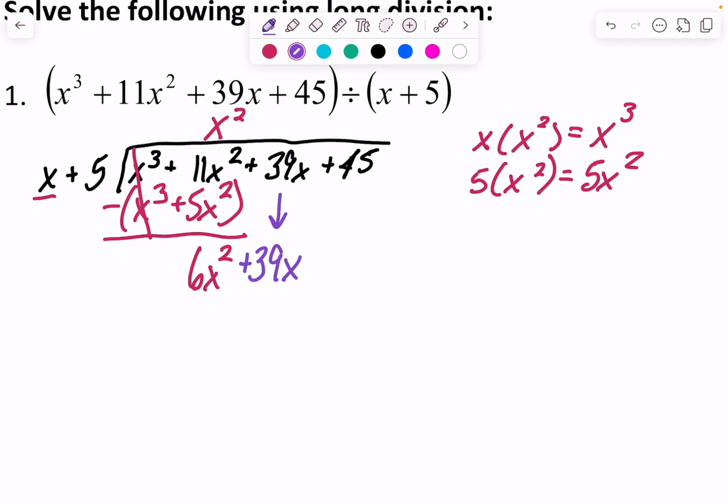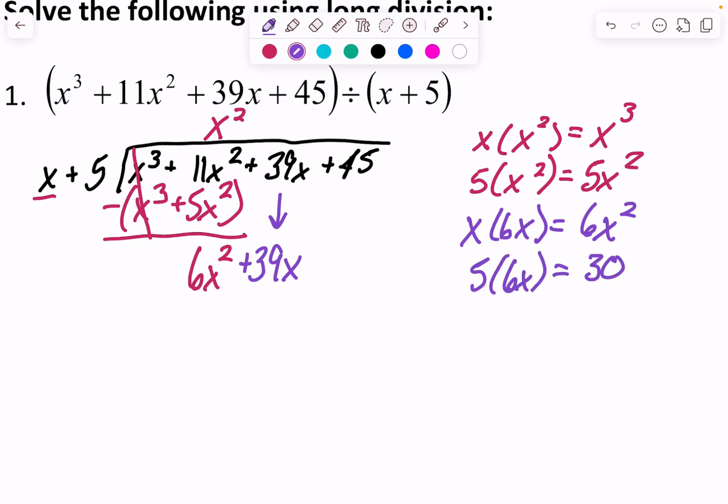So now I want to cancel out this 6x squared. So I'm going to say x times what gives me 6x squared. So I need to multiply by a 6x to make 6x squared. So then I also take the 5 times 6x. And again, I'm going to write those down below, put parentheses around them, and subtract them.